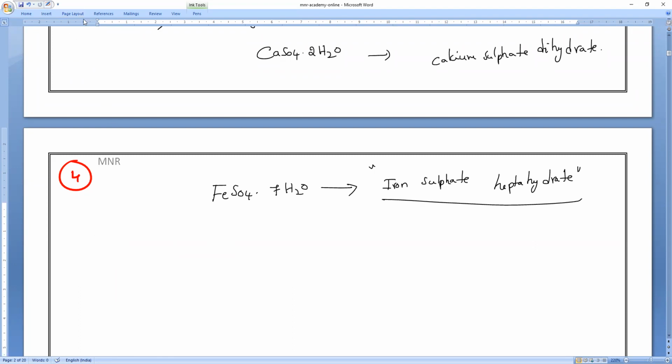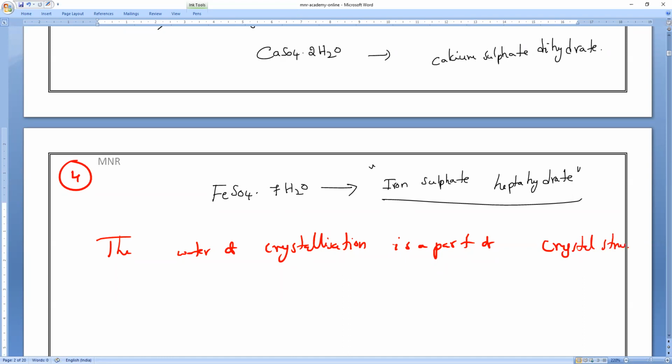The water of crystallization is a part of the crystal structure of a salt.